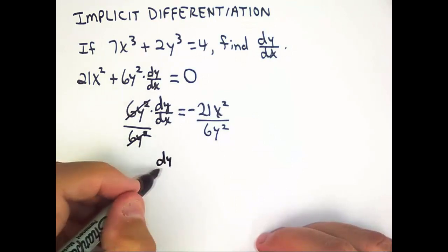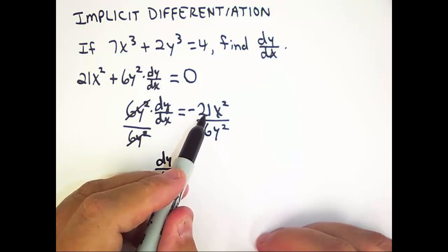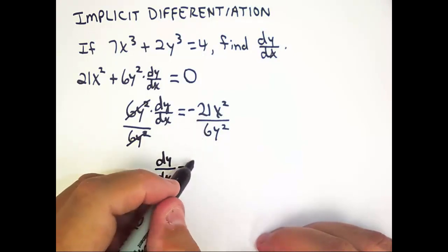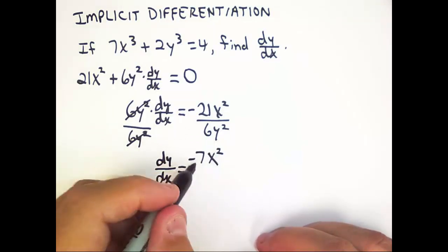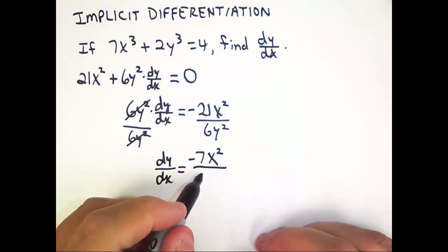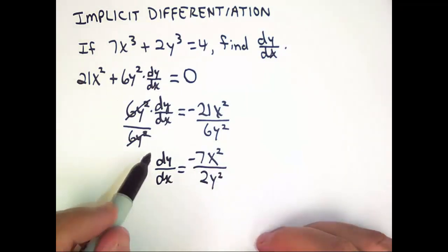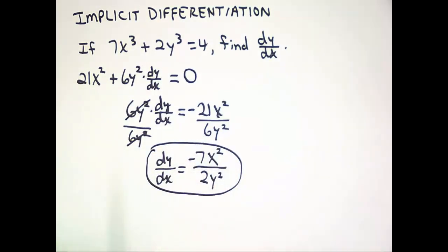And I get dy over dx is equal to, and notice there's a 3 as a factor of 21 and a 3 as a factor of 6. I can divide both top and bottom by 3 and simplify. And I get negative 7x squared divided by 2y squared. And I've found the derivative of y with respect to x.